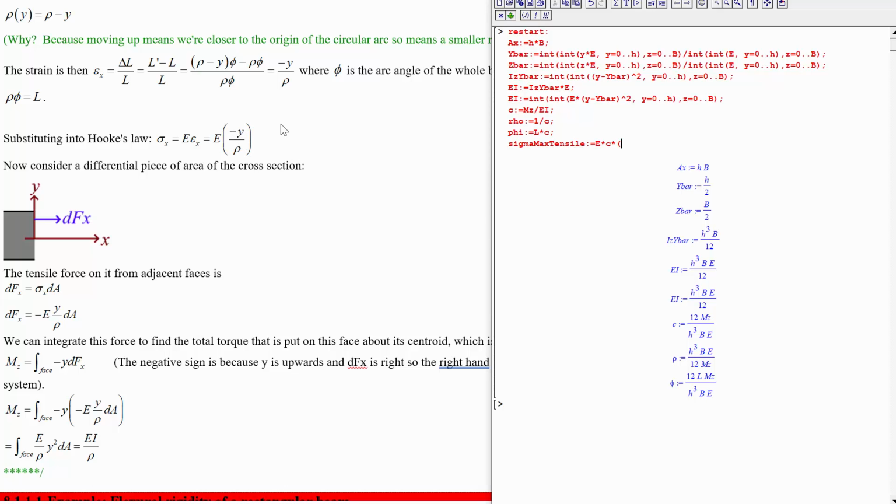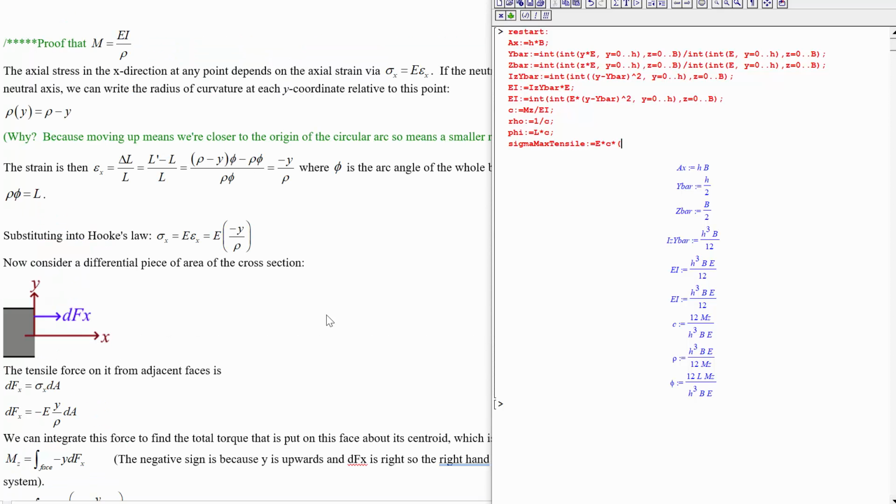And the largest we could make negative y is when we put in y is equal to negative h over 2. So this y was relative to the neutral axis.